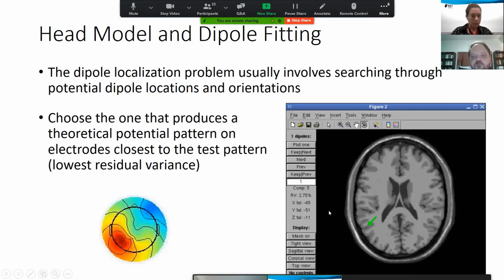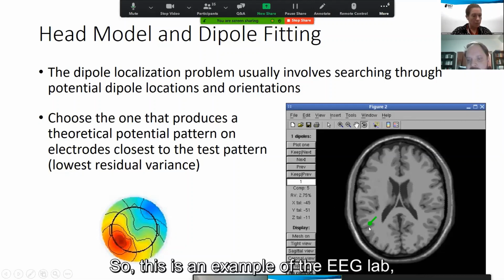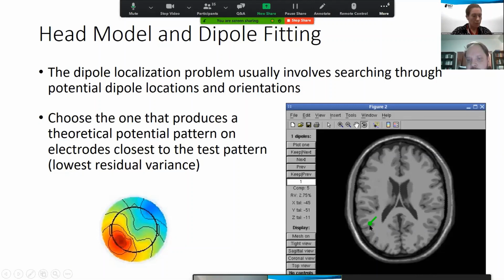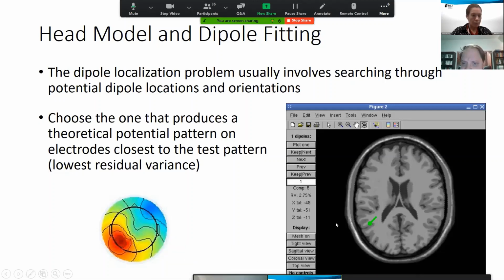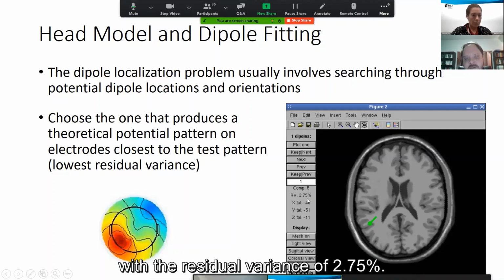This is an example of EEGLAB, which is open source software based on MATLAB, which localizes this pattern to this particular dipole with a residual variance of 2.75%.